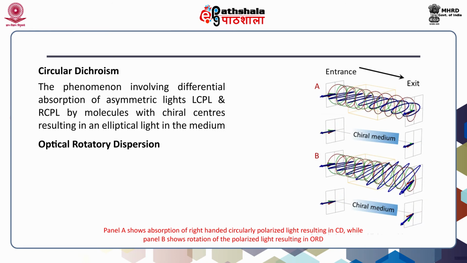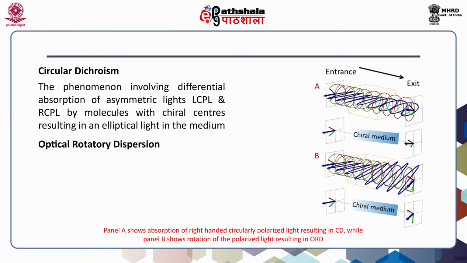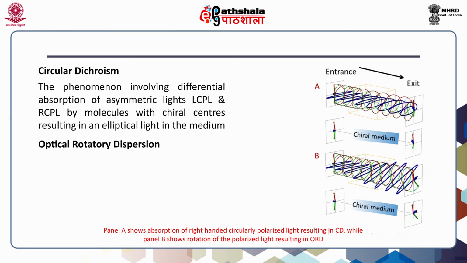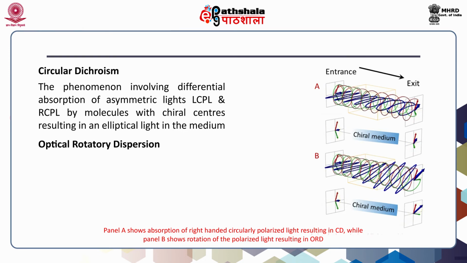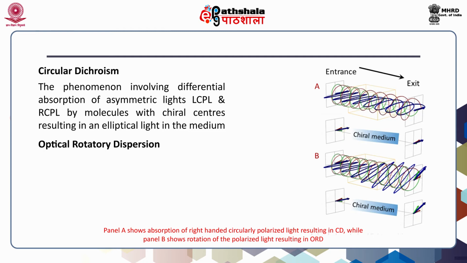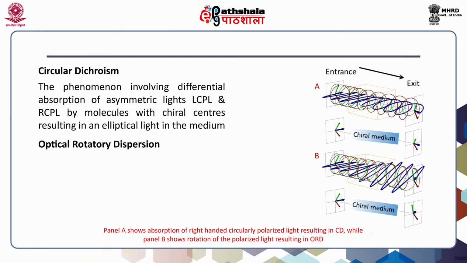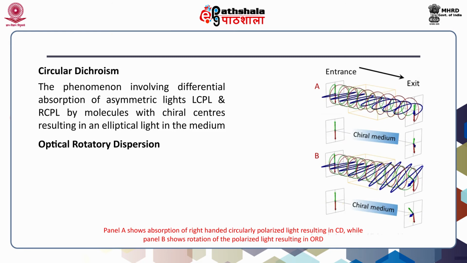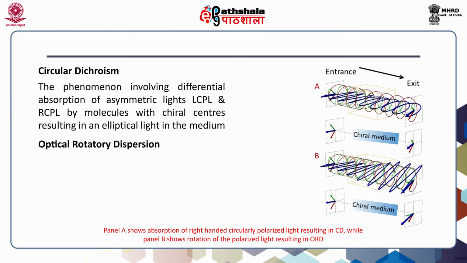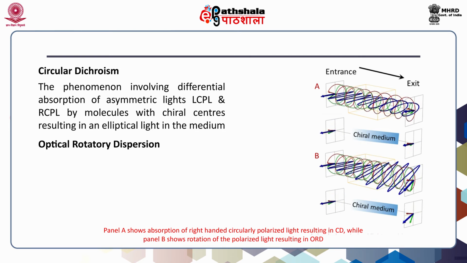In the incident light there are two vectors: one shown in red color, rotating anti-clockwise, and one shown in green color, rotating clockwise. The bigger one, shown in blue color, which is oscillating horizontally, is the resultant of left and right circularly polarized light. So it is the sum of these two vectors.